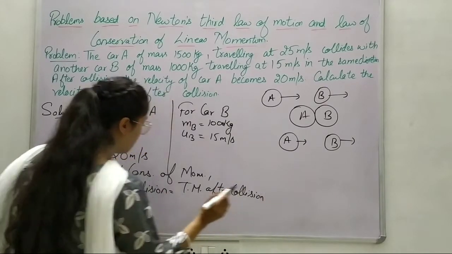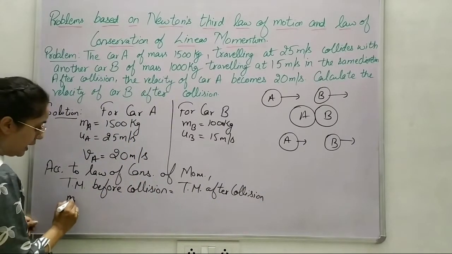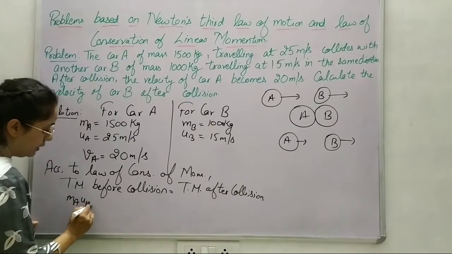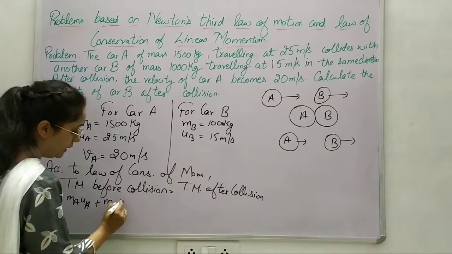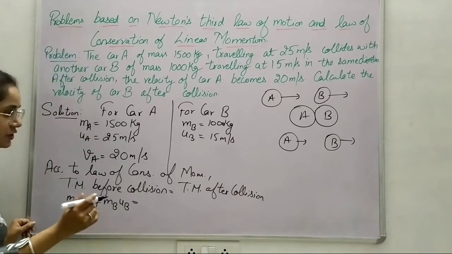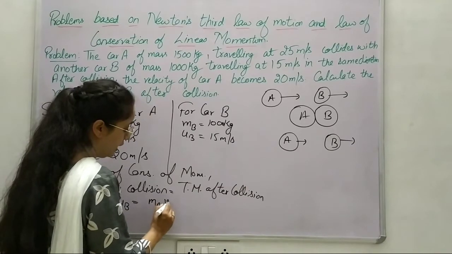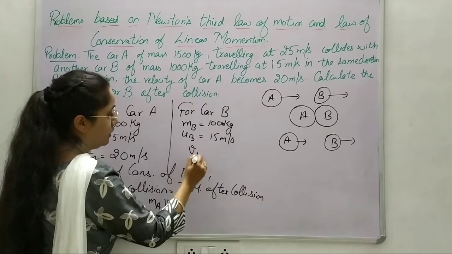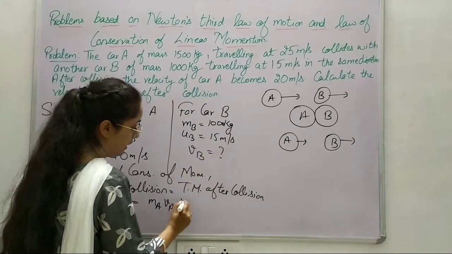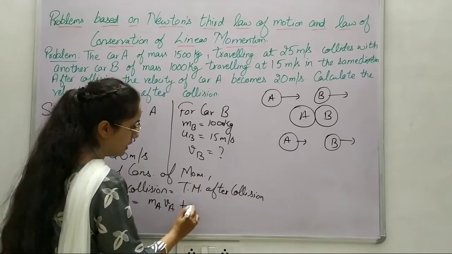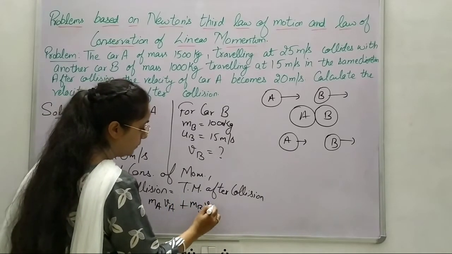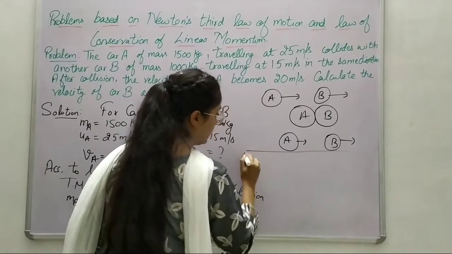Before collision, both the cars have momentum MAUA plus MBUB, and after the collision, both the cars will have momentum MAVA plus MBVB. We have to find VB here. Now I am solving it here.